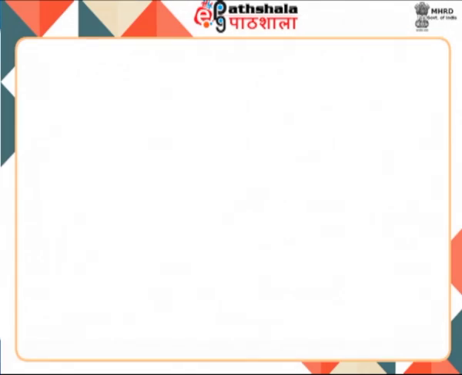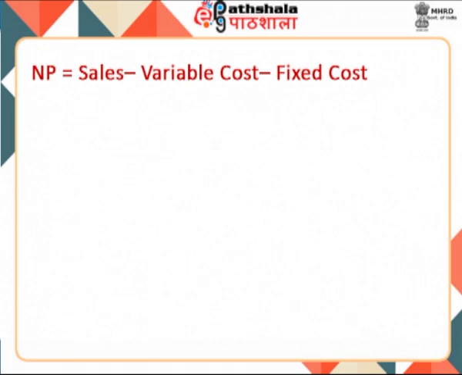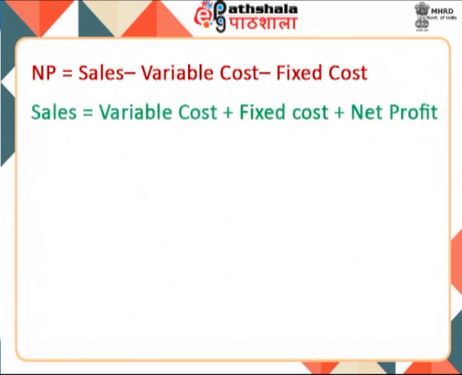The break-even analysis may be explained in mathematical mode in the form of break-even equation or in graphical mode. The break-even equation may be derived from the basic relationship between sales and profit. We know that net profit is equal to sales minus variable cost minus fixed cost, or sales is equal to variable cost plus fixed cost plus net profit.